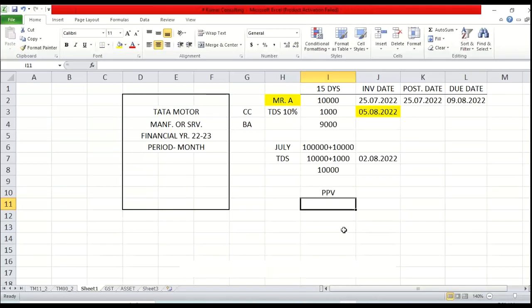Let's suppose the code could be any code, say TPPV, Tata Motor posting period variant. This code I am going to give, or TM 01, 02, 22, whatever it is, any code can be given. This is our posting period variant.